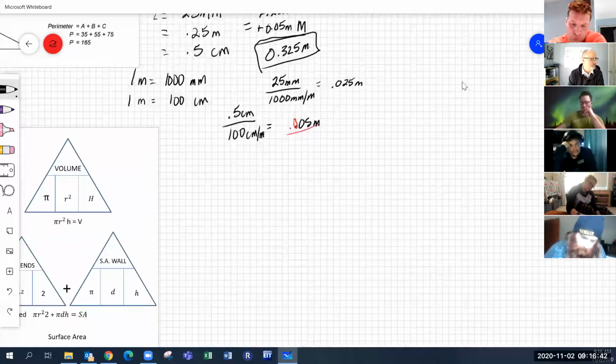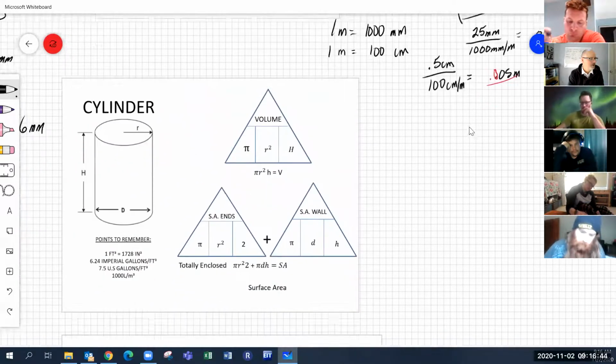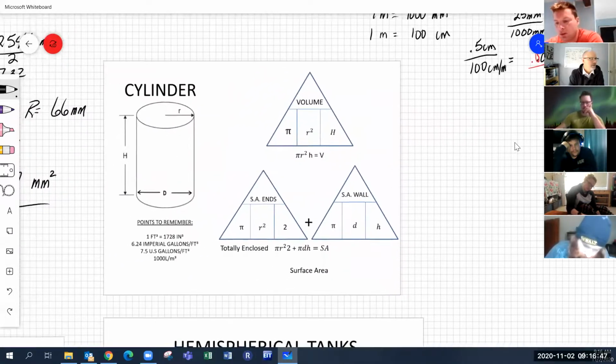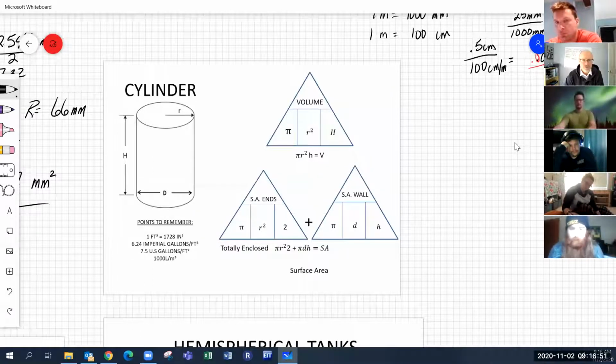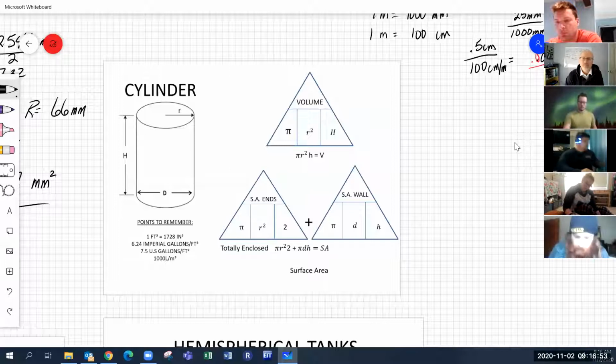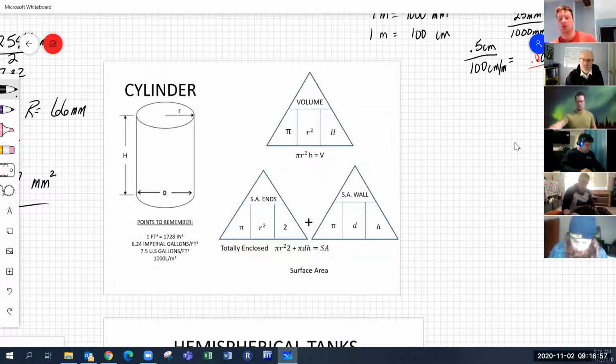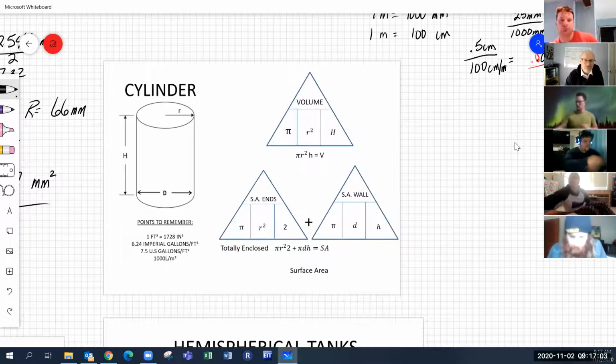All right, we're really cruising along. And now it brings us to cylinders. Cylinders are basically pipe for us. So cylindrical tanks can be very big. They could be small, they could be classified as a pipe, they could be anything to us in that regard.